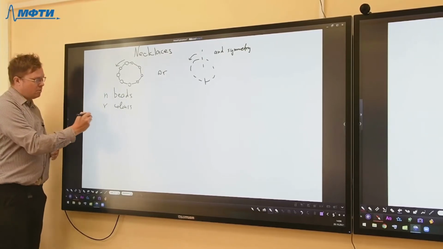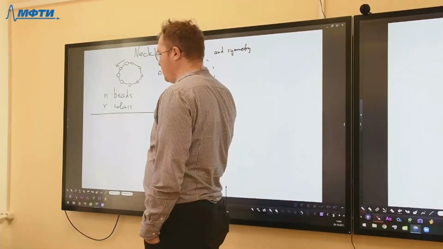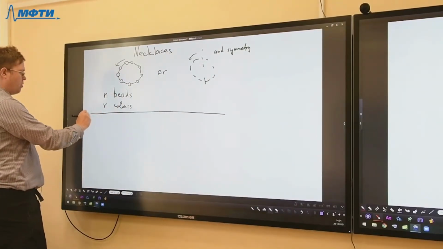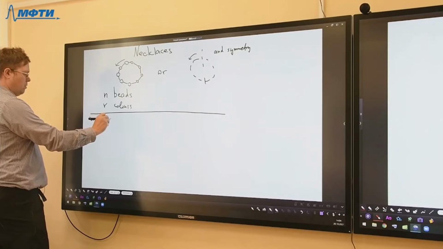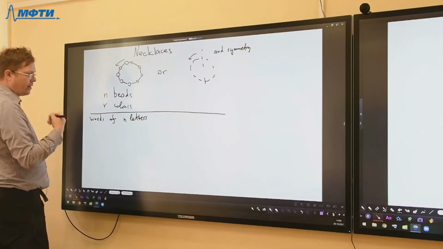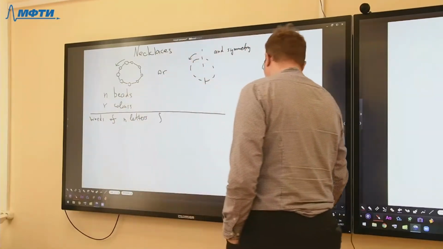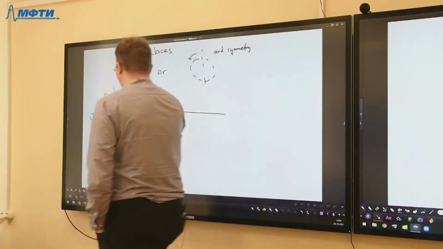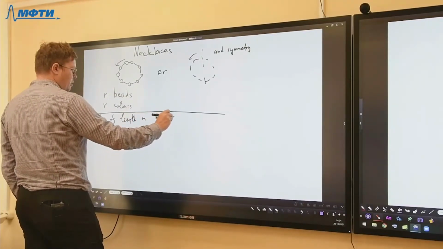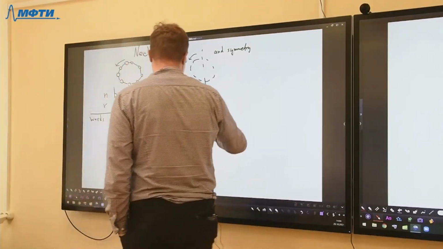We can, of course, reformulate this. I explained it in the last lecture. We can just say that we have words of length n from an alphabet consisting of r letters.